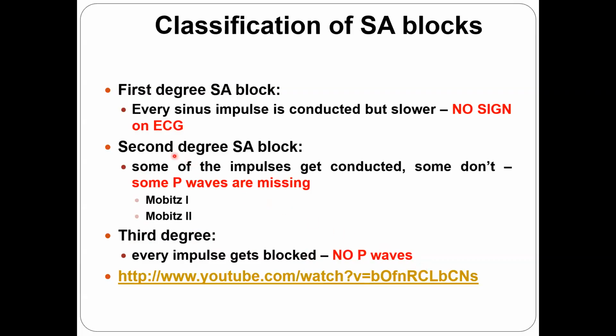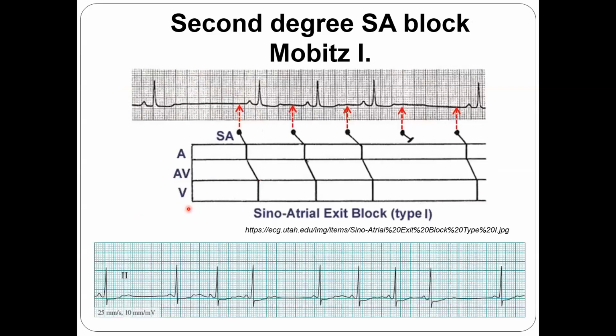Now, in case of the second degree SA block, Mobitz type 1 or Mobitz type 2, we have to evaluate the PP distance because normally the PP intervals are constant. Here, however, it is not. For example, looking at this chart, you do see a P here, but there's no P here, okay?